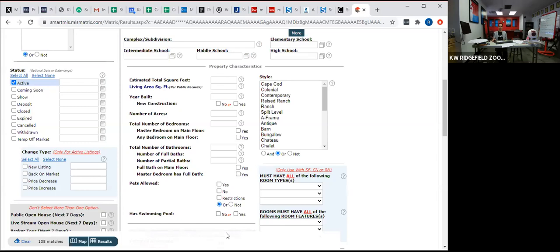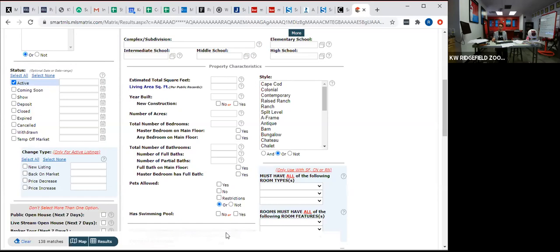If there are 138 active properties on the market, and the absorption rate is 51.3 a month being absorbed, you divide that 138 active units by 51.3.